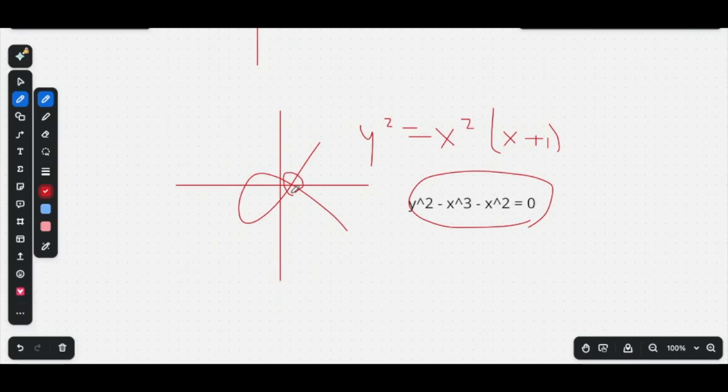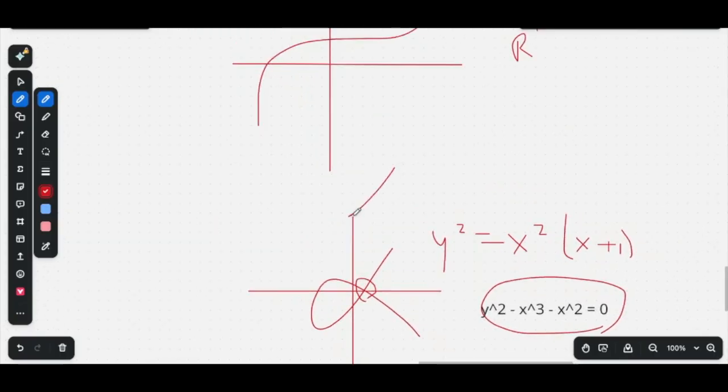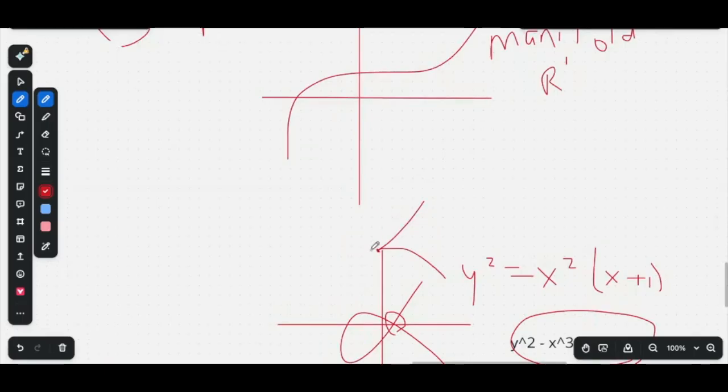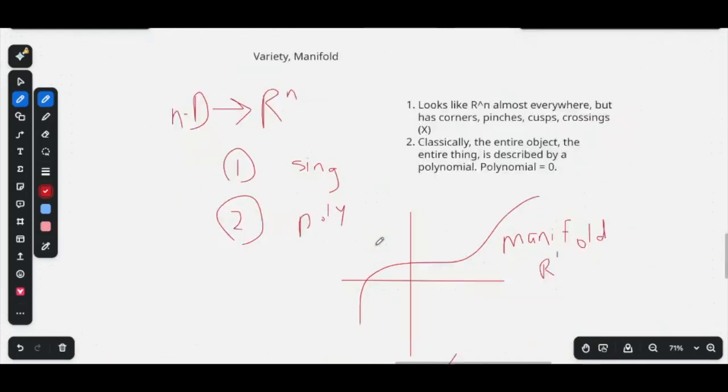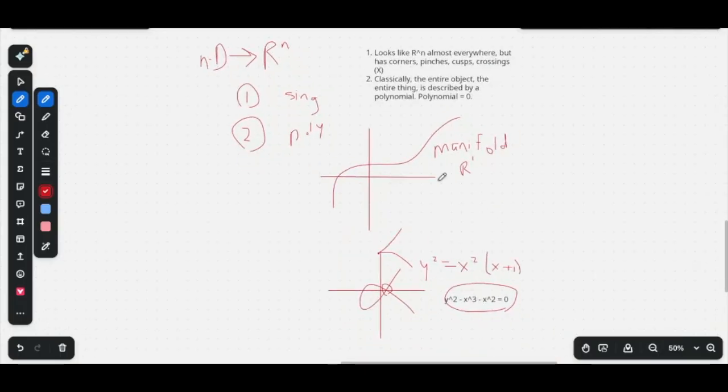Very similar to manifolds, except that manifolds cannot have what we call singularities. This is also another variety. A manifold cannot have this corner, but a variety can. You zoom in, you cannot get rid of this. That is the difference between a variety and a manifold.